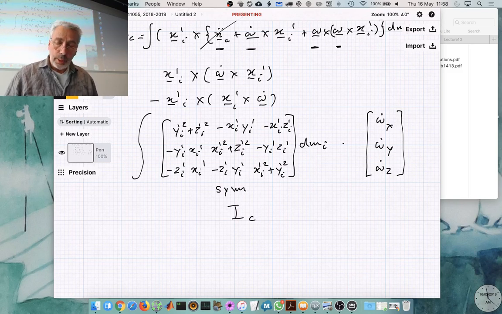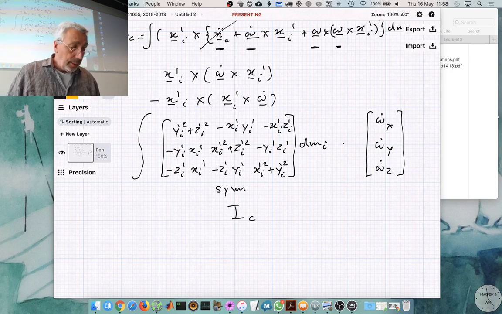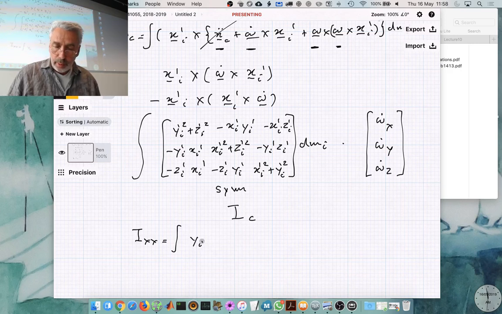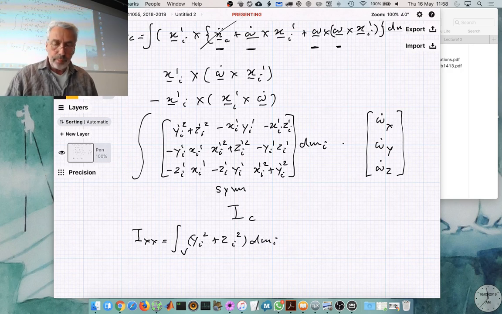So you could also say that by definition my Ixx is the integral of yi squared plus zi squared dmi over the volume. And likewise for y and z.